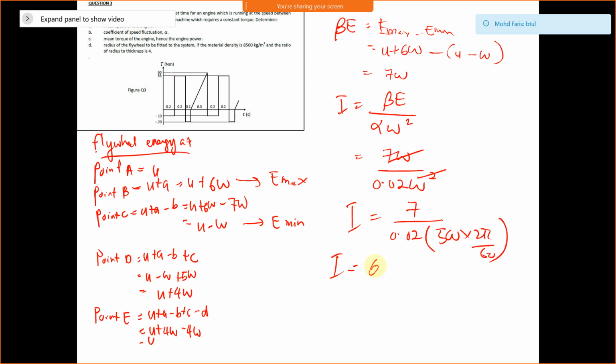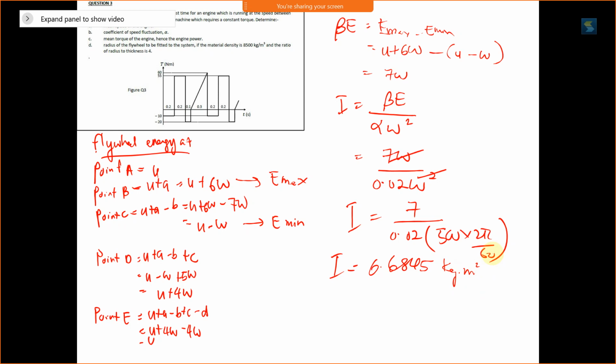So 6.6845 kilogram meter square. So this is our mass moment of inertia for flywheel.